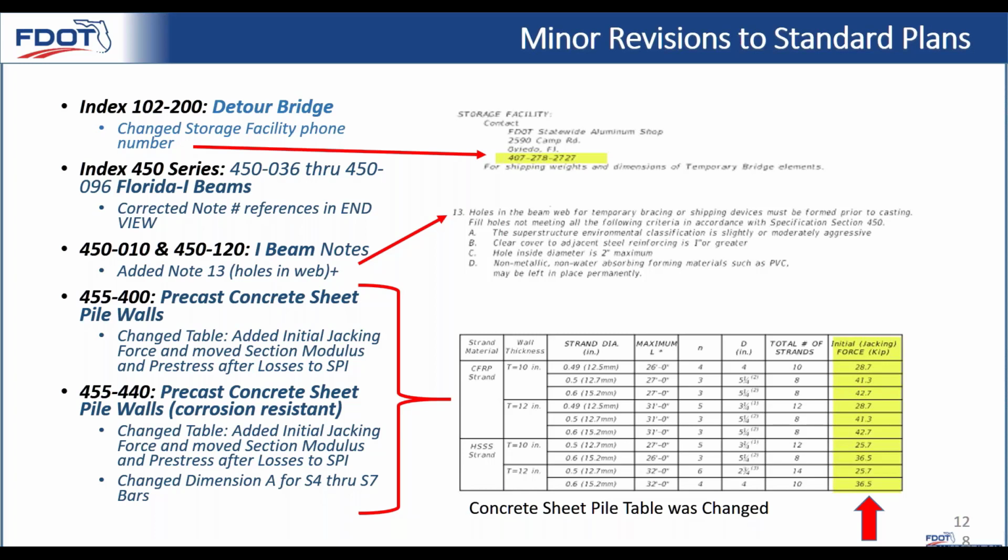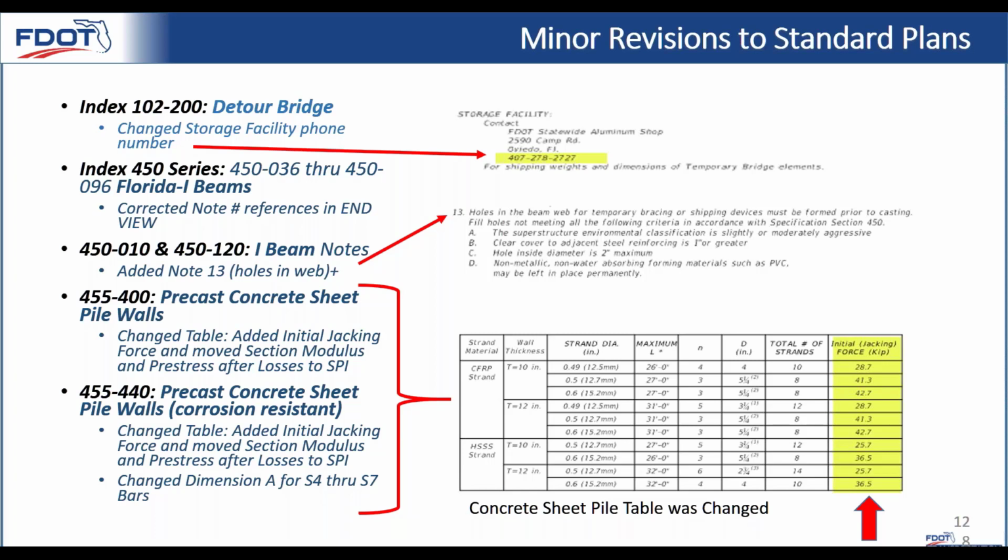And due to multiple questions on the jacking forces required for the concrete sheet piles for CFRP, the jacking force was added to index 455-440, and we also added to 455-400 just for clarity.